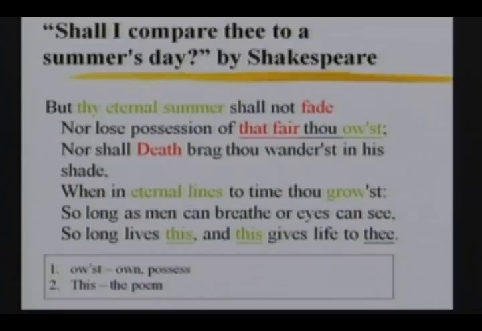So long as men can breathe or eyes can see, so long lives this, and this gives life to thee.